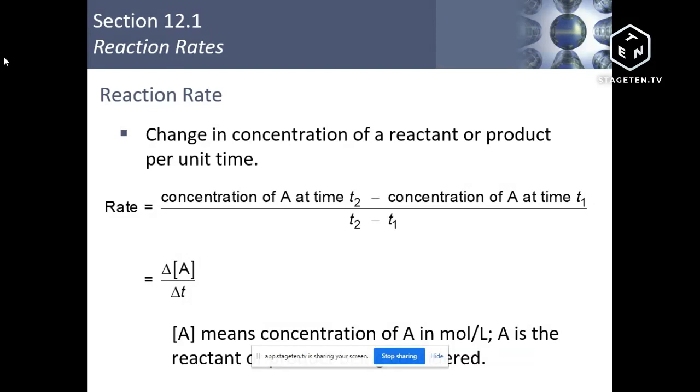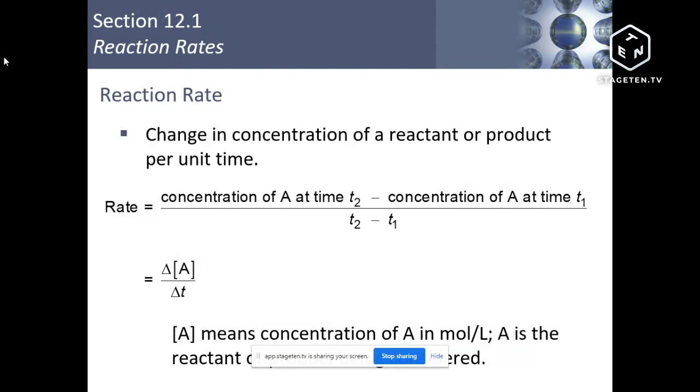Okay. So for a reactant, we could say the rate of disappearance is 5 molar per second, which means 5 molarity per second. That's how fast the concentration is decreasing per second.